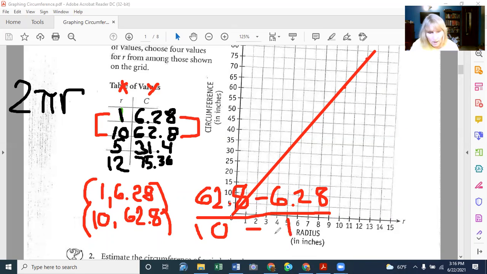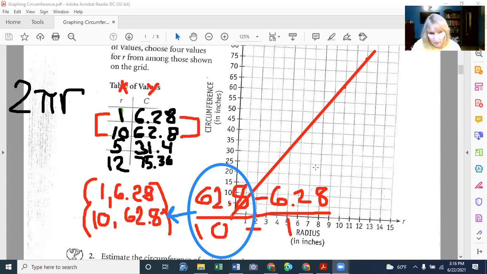Now notice how I kept paired, let me circle these, 62.8 and 10. One is under the other, because if you go back to the left here, 10 and 62.8 are paired. So they have to stay above each other, one below and one above, in the actual equation as well. Same with 6.28 and 1.